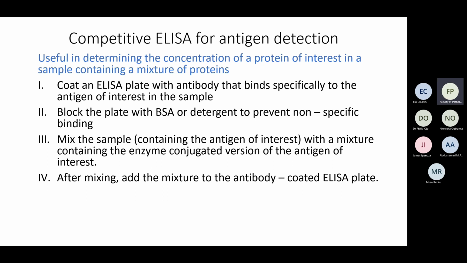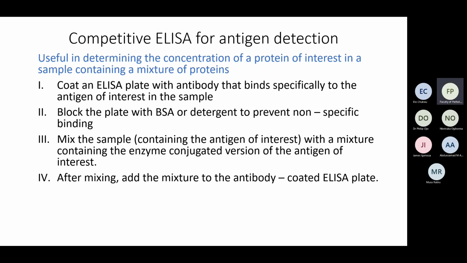So you have to add your sample containing the mixture of antigens to the sample containing only the antigen that is conjugated to an enzyme. You have to mix them together before you add them to the ELISA plate, so that you do not give any of the antigens undue advantage over the other.